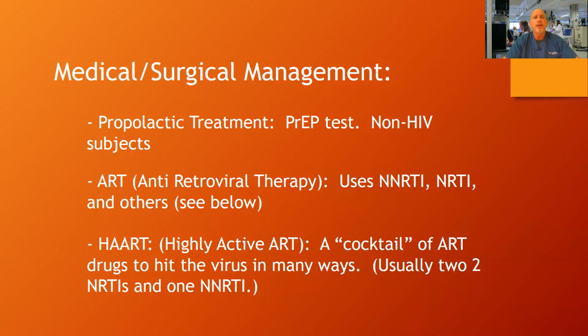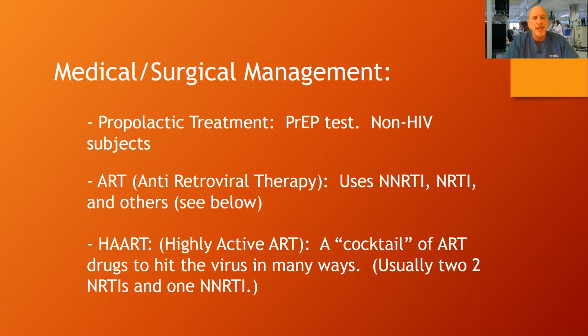They have found there are some diseases where we give people cocktails because there are different ways of attacking the problem, and HIV is one of those. They have found that a combination of different treatments works the best, because it hits the virus in different ways.